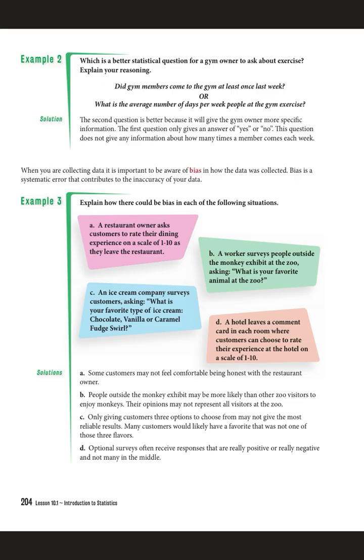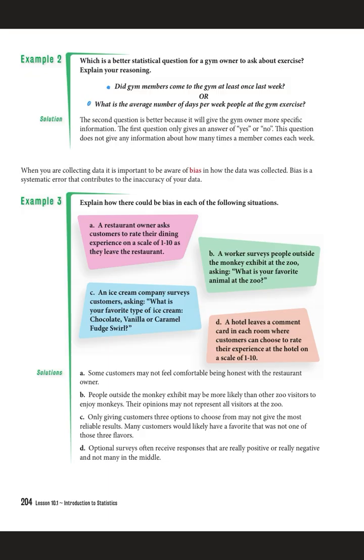In example number 2, it says which is a better statistical question for a gym owner to ask about exercise, and explain your reasoning. First question is did gym members come to the gym at least once per week? Second, what is the average number of days per week people at the gym exercise?